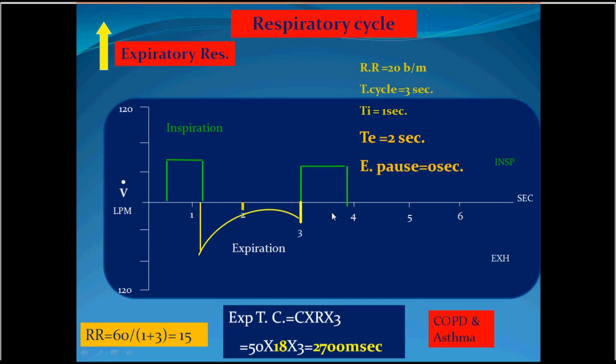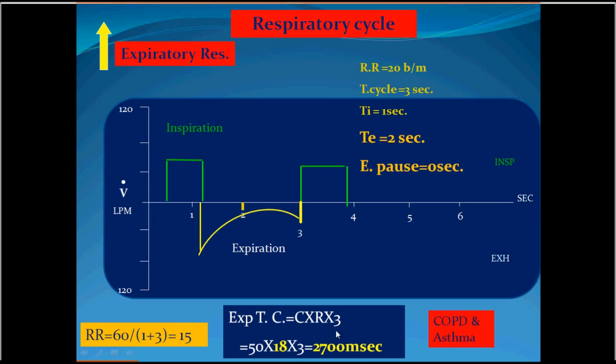That's why, when you treat patients with COPD or bronchial asthma, you have to measure the expiratory time constant. This expiratory time constant multiplied by 3 is the time for the exhalation.